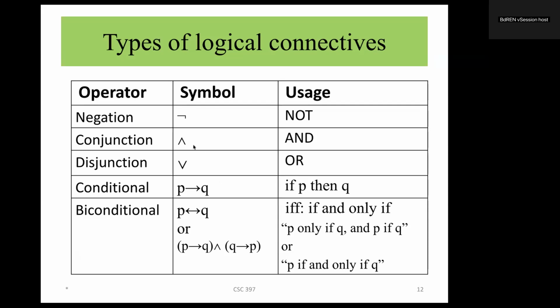The symbol we use here can be read as and. One example: the sun is out and it is warm. What is the logic behind this sentence?